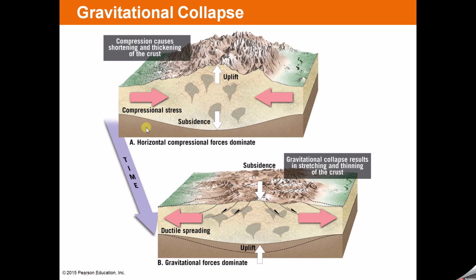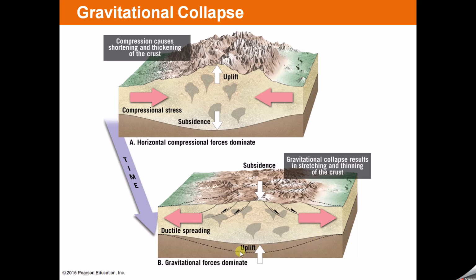But over time, when we lose those compressional stresses and the mountain lifts on its weight, what will happen? The mountain will start collapsing on its own weight and subside and spread away from the center under its own weight and the gravity.